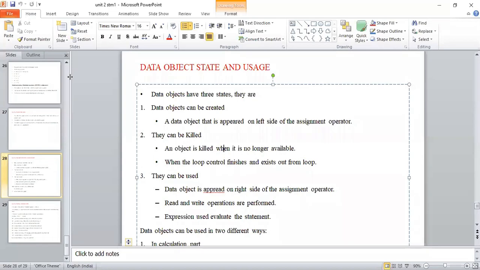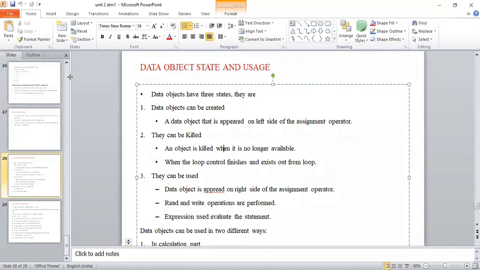There is another point: an object is also killed after a loop is completed. For example, if we run a loop three times, we use a data object to store the increment operation. After the three iterations are completed, that data object automatically goes to the kill state. So there are two ways to kill a data object.